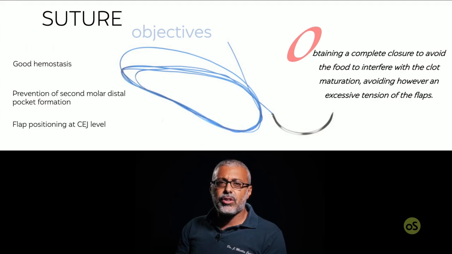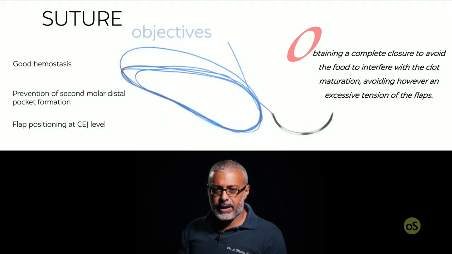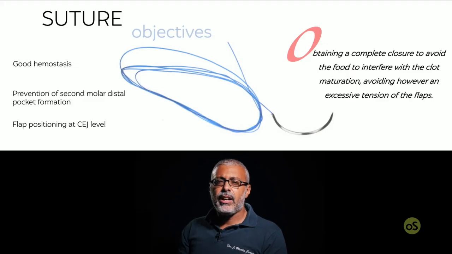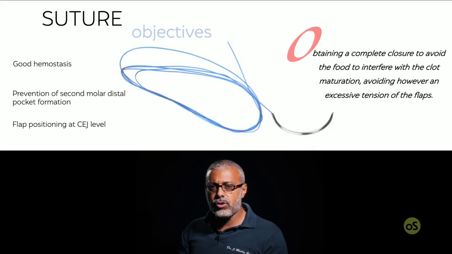When we talk about the suture, our objective is obviously to create good hemostasis of the area, to prevent a pocket formation on the distal aspect of the second molar, and to restore the original anatomy. So I personally don't make any periosteal incision, to always close for primary intention. I always tend to restore the flap where I found it.